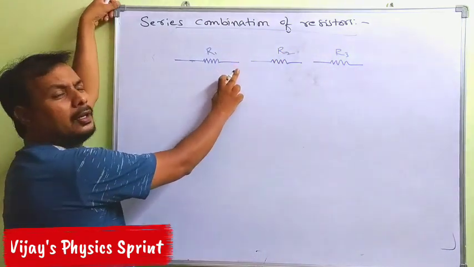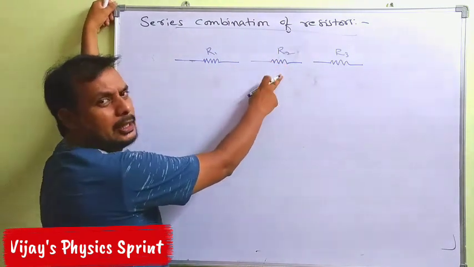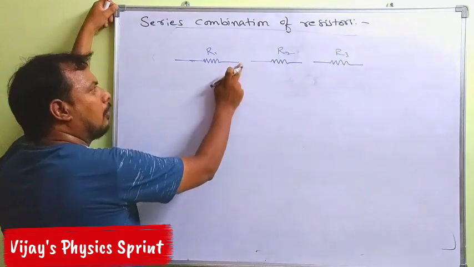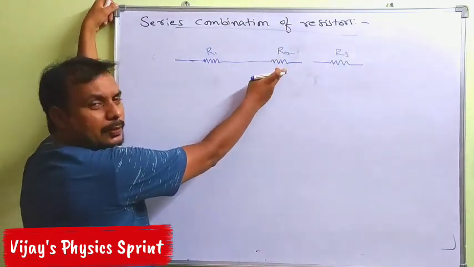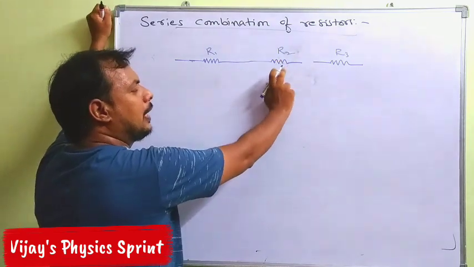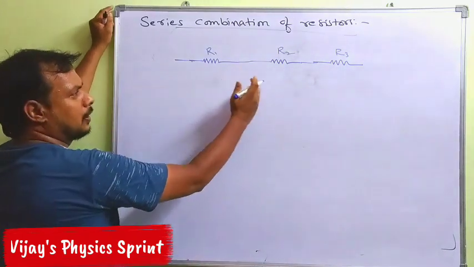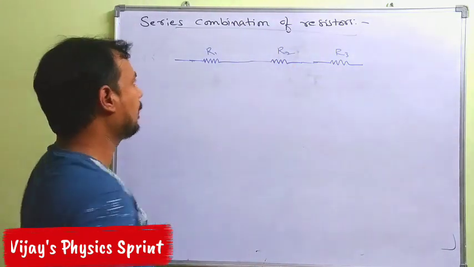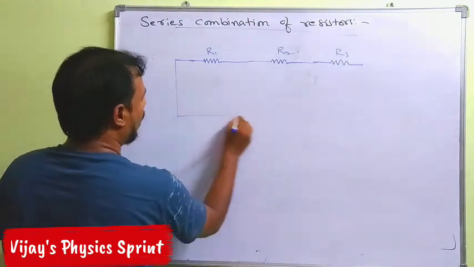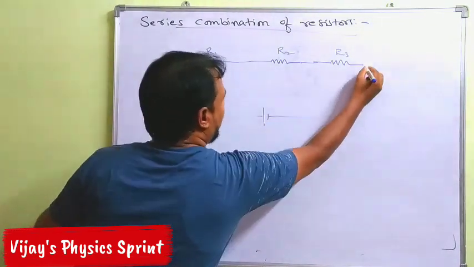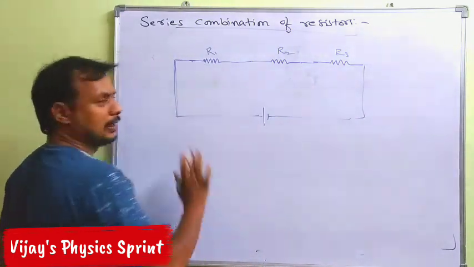The second end of the first resistor is connected to the first end of the second resistor, and the second end of the second resistor is connected to the first end of the third resistor. So when connected like this, we call it a series combination. Three resistors R1, R2, R3 are connected in series.